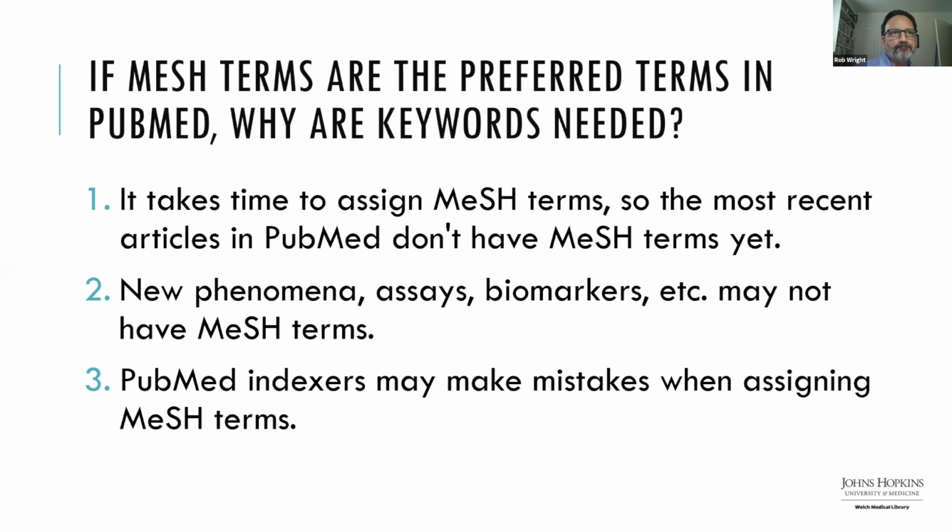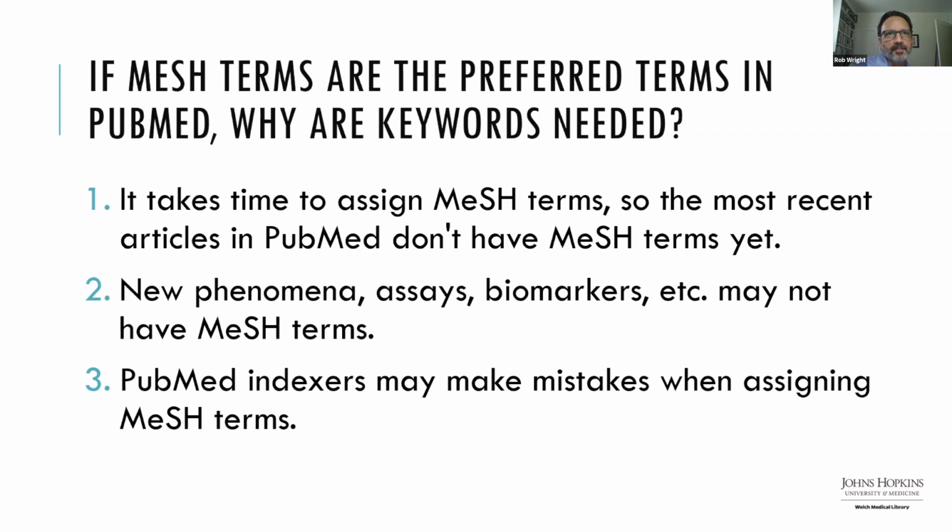So, right, it's a good question. If MeSH terms are the preferred terms that PubMed uses, why are keywords even needed here? And there are a number of reasons. One is it takes time for MeSH terms to get assigned to papers. So papers are pouring into PubMed from publishers automatically all the time.